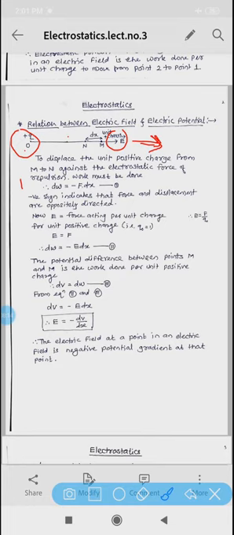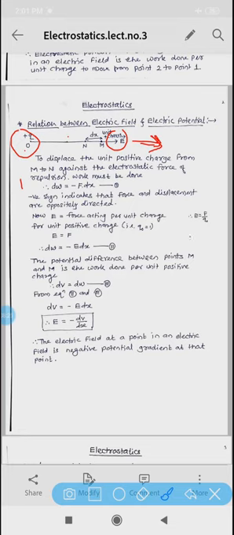Because of this unit positive charge, electric intensity and electrostatic force are the same, because E is equal to F upon Q0, but here the value of Q0 is 1, so E is equal to F. Putting the value of F in this equation, we get dW is equal to minus E into dx.